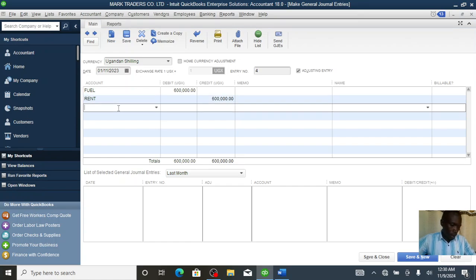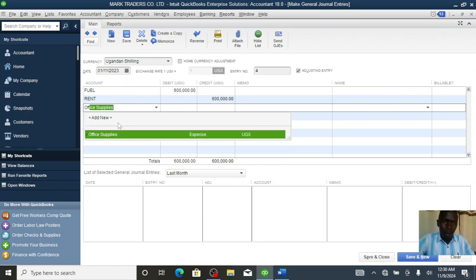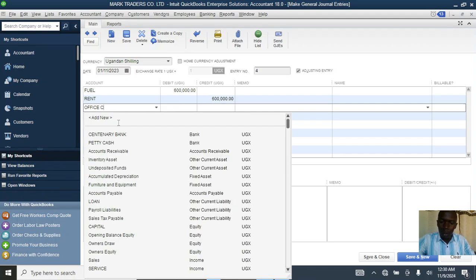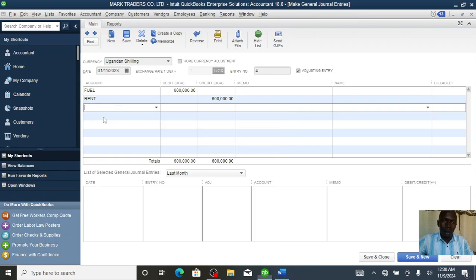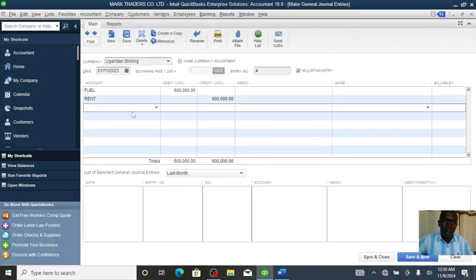Here the next is the office cleaning. So quick add office cleaning. Office cleaning. Quick add is office cleaning.